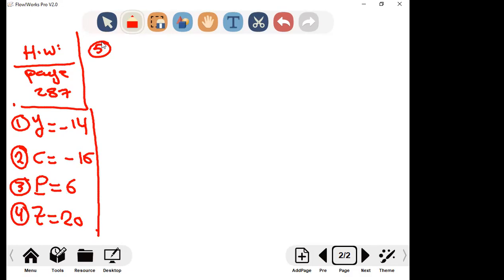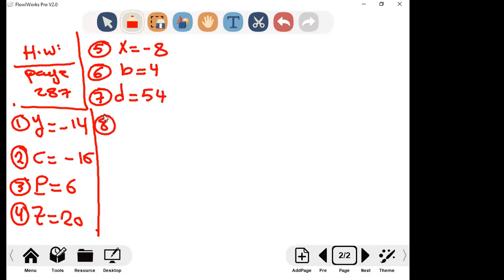Question 5, x equal -8. Question 6, b equal 4. Question 7, d equal 54. Question 8, z equal -120.